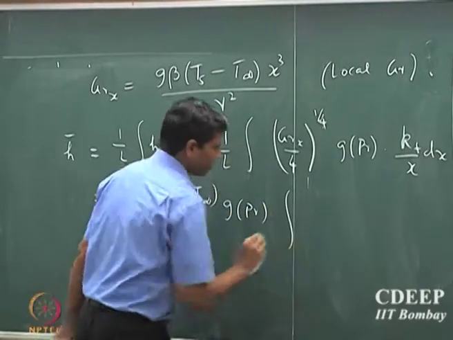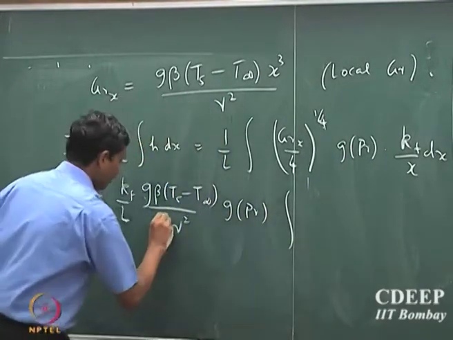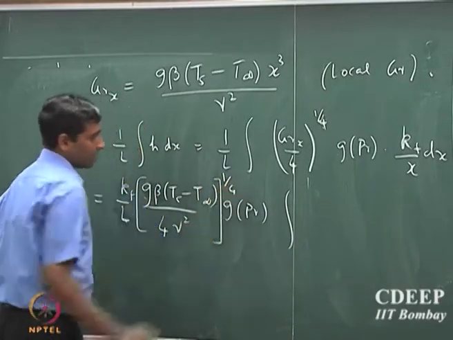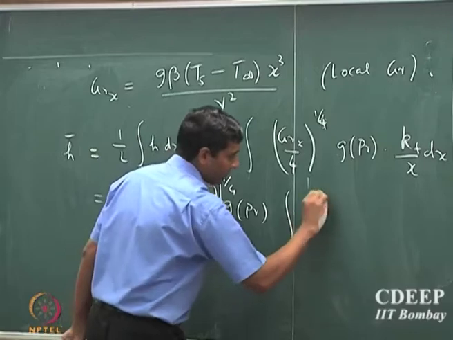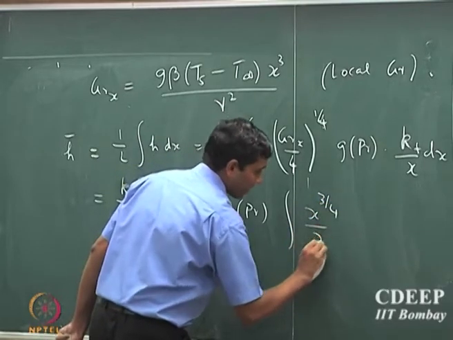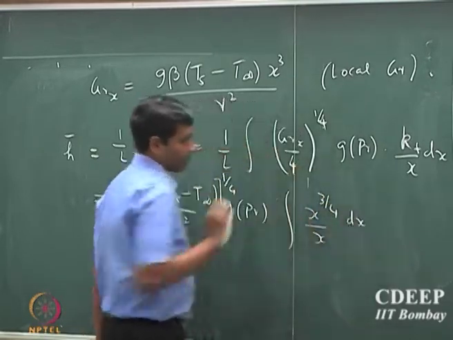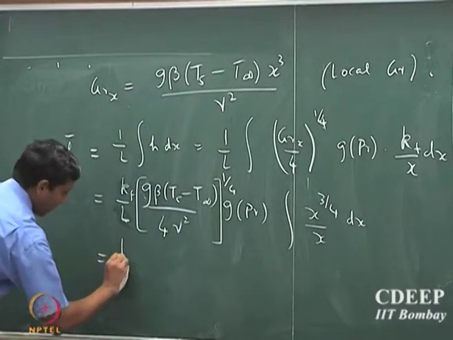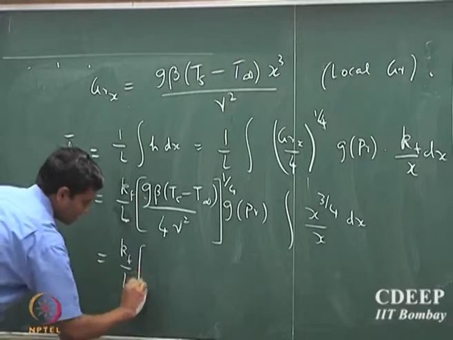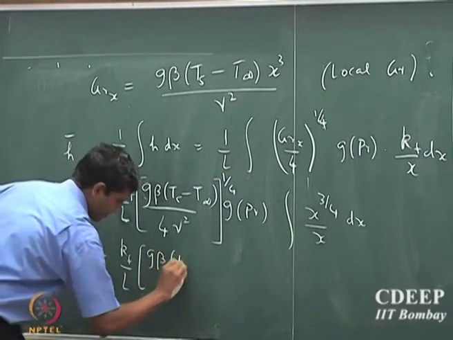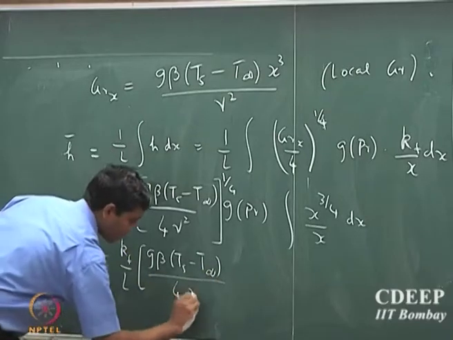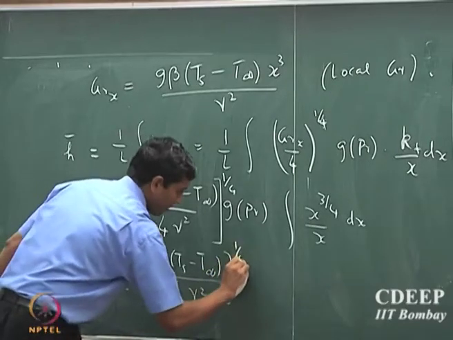So there will be an integral of x to the power of 3 by 4 divided by x into dx, and that will be Kf by L into g beta Ts minus T infinity by 4 mu square to the power of 1 by 4.